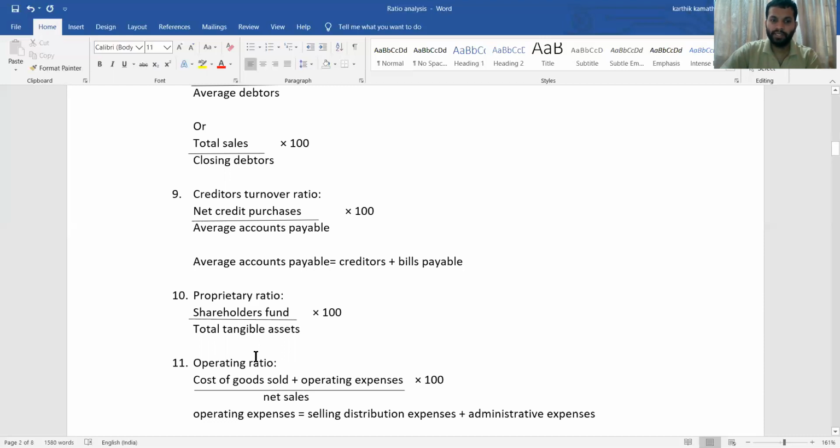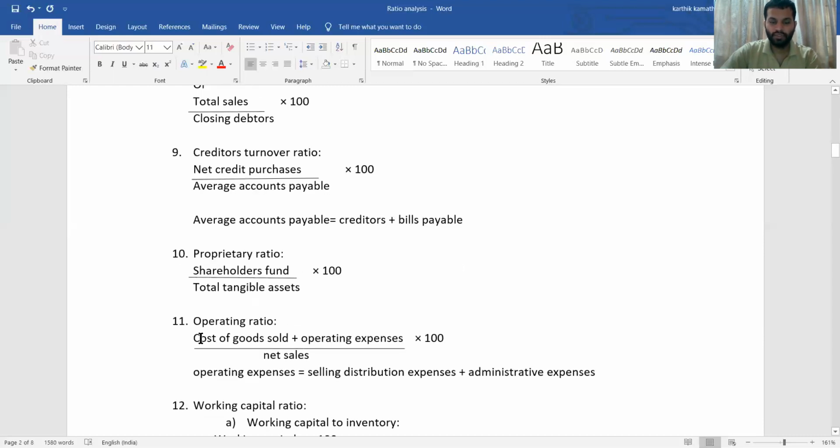And operating ratio, next one: cost of goods sold plus operating expenses divided by net sales into 100. Operating expenses here means selling and distribution expenses, administrative expenses, or those expenses which are necessary to carry out day-to-day operations. All those expenses come under operating expenses.